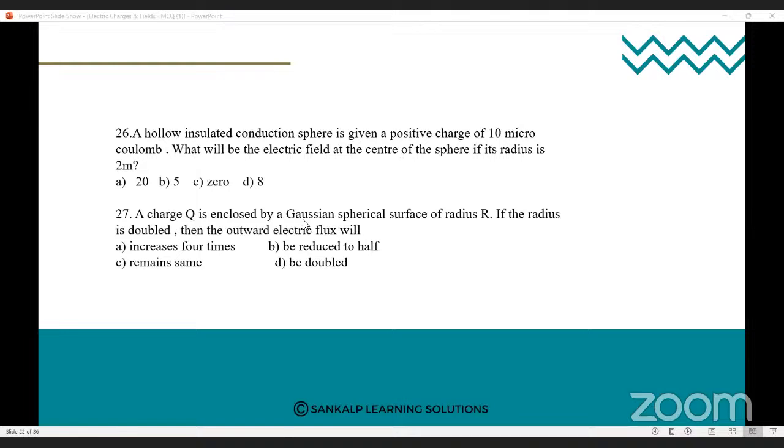A charge Q is enclosed by a Gaussian spherical surface of radius R. If the radius is doubled, then the outward electric flux will be. What happens to the electric flux?